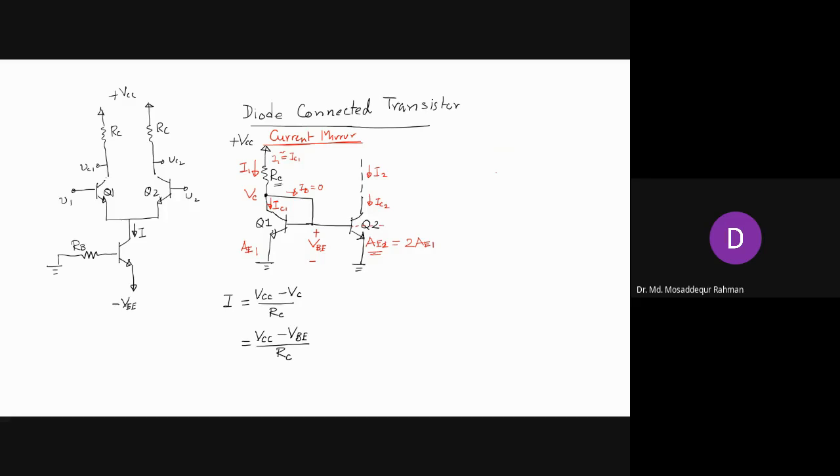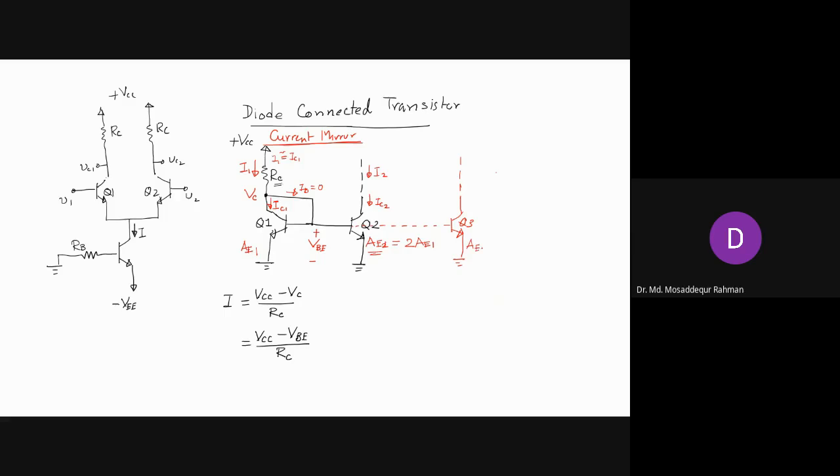We can have another transistor, Q3, and let's say this has a different requirement of current.